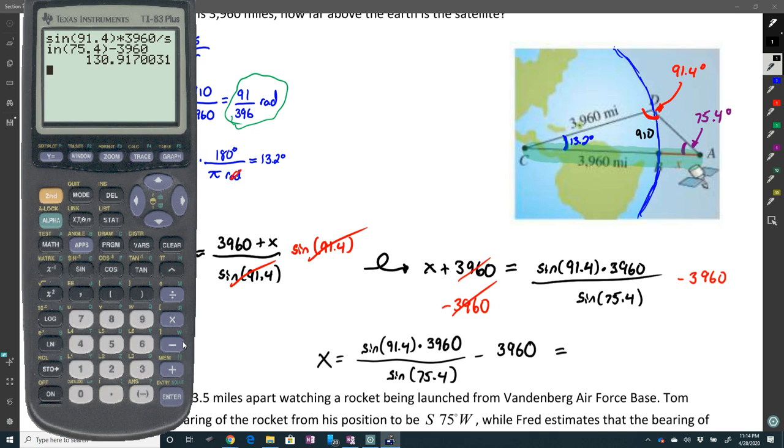So I get 130.92. So I'm using one decimal place, so 130.9. So the satellite in this example is hovering 130.9 miles above the Earth.